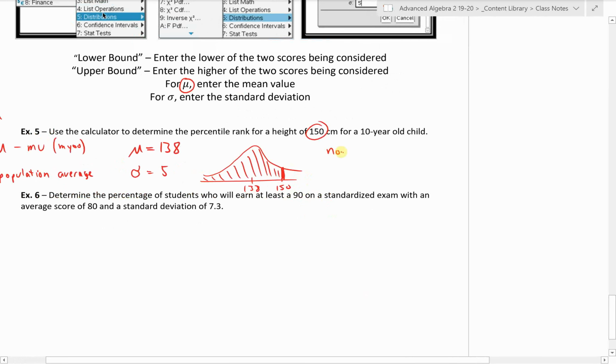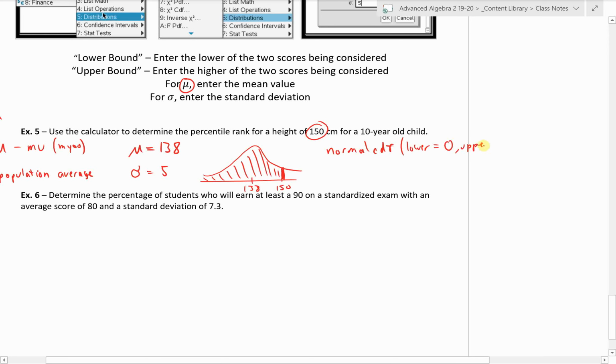So this is again going to be the normal CDF command. And we need to know lower bound, upper bound, average, and standard deviation. The lower bound, well, it's whatever the lowest possible height is. In theory, nobody's going to be 0 centimeters tall, but we can use that as a good lower bound since nobody's going to be below 0 centimeters tall.